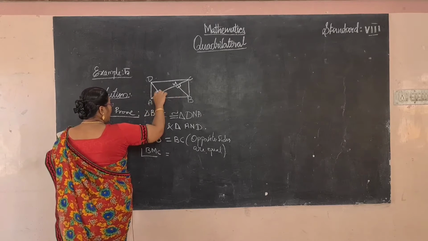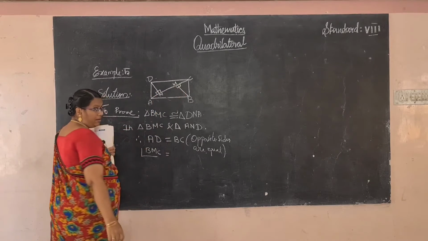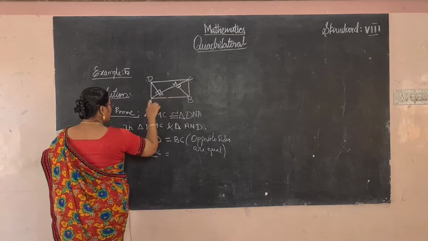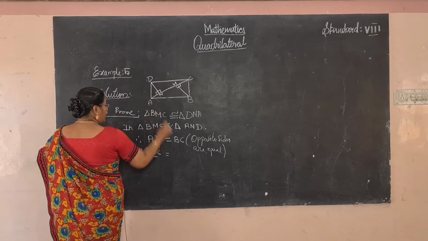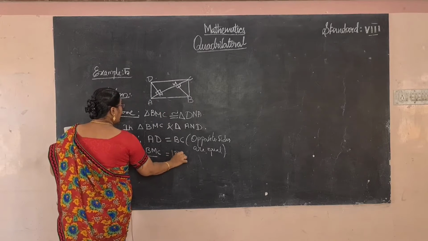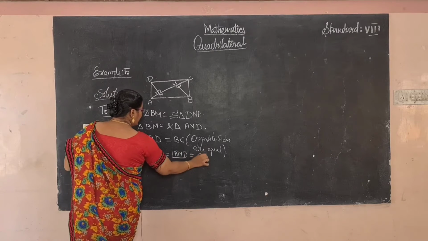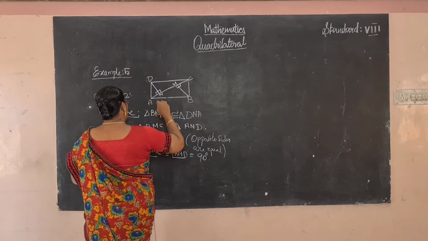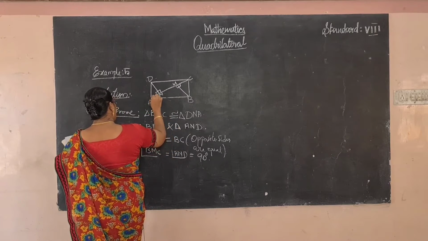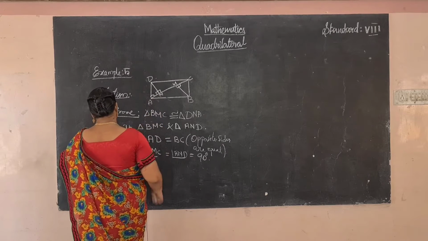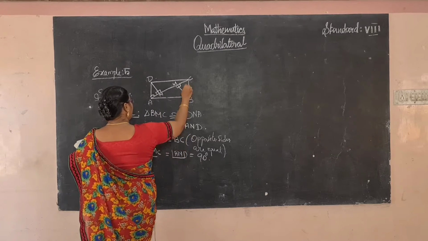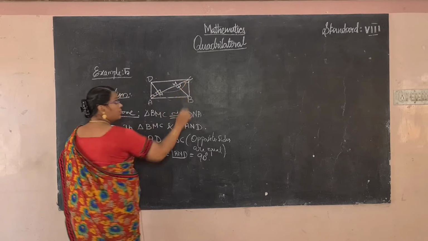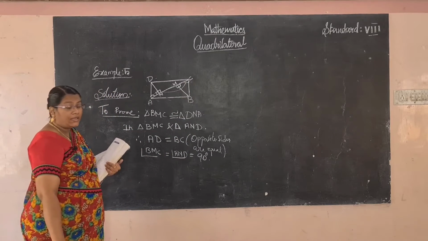Next step, here this right angle triangle, is it 90 degrees? So angle BMC is equal to angle AND is equal to 90 degrees. Next one, this angle. And here alternate angles. You know that alternate angles are equal.